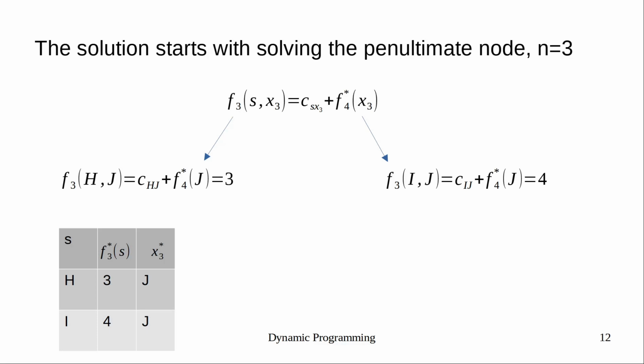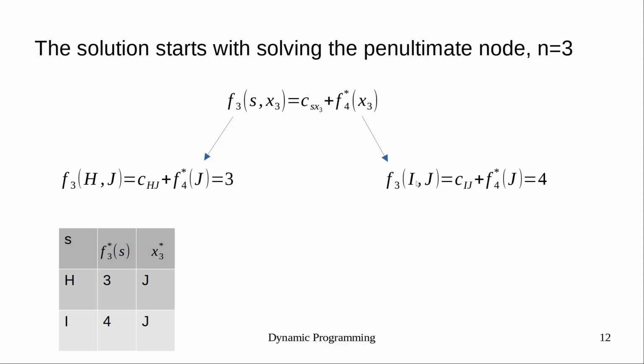Now F3(S, X3) will be C(S, X3) plus F4 star(X3). So here we have two choices. F3(H to J) is equal to C(HJ) plus F4 star(J), which will be nothing but 3, because C(HJ) is 3 and F4 star(J) is 0.